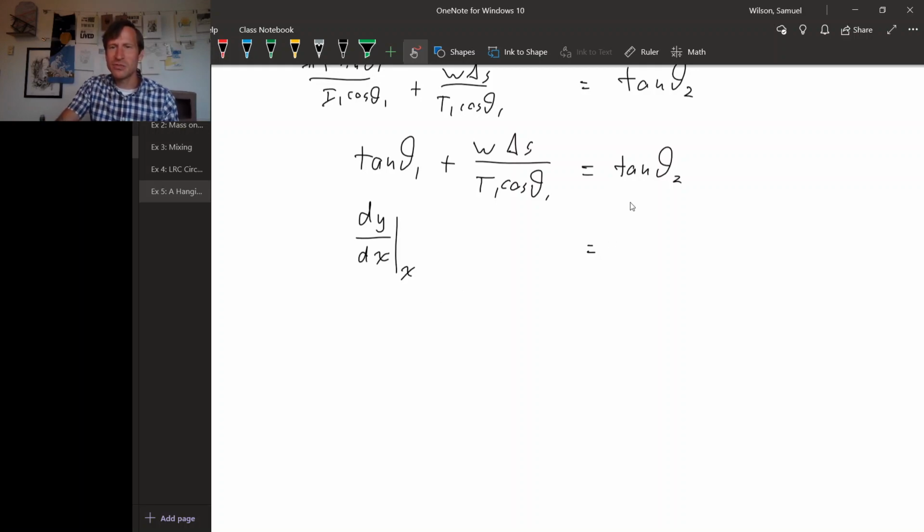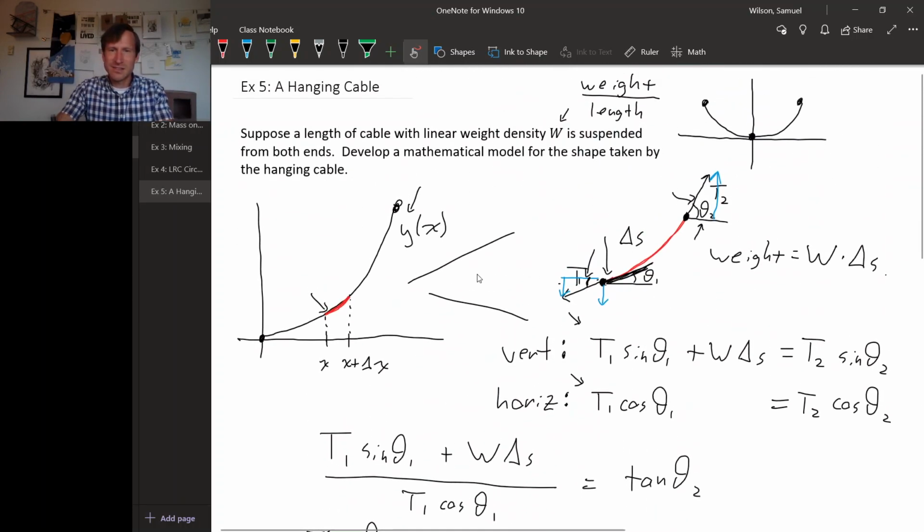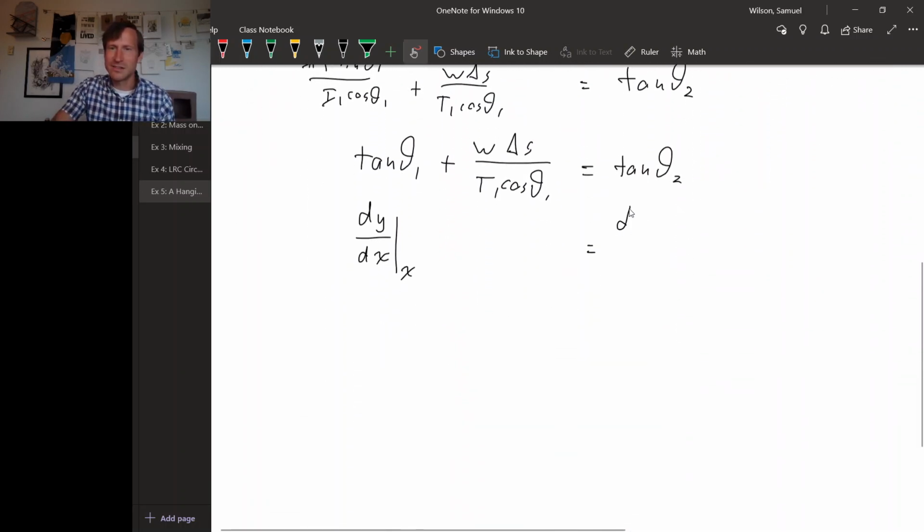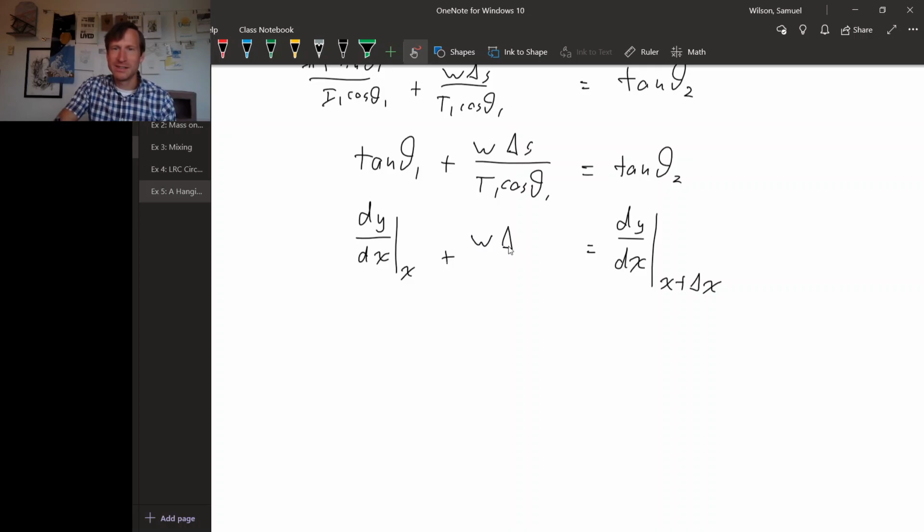By the same token, over on the right, tangent theta 2 is the slope of the graph at this right-hand point, but that's at x plus delta x. So that's the derivative of y with respect to x, but it is the slope at x plus delta x. And let's not forget our W delta S over T1 cosine theta 1.